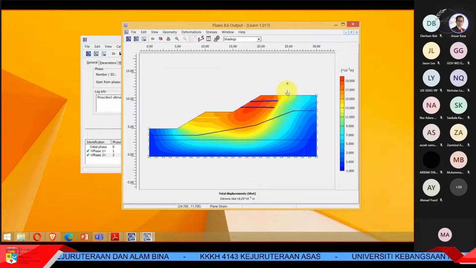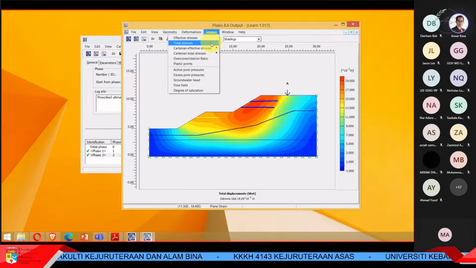We see with this loading of 5 kilonewton per meter, we have about 19 millimeter, about 2 centimeter, somewhere around here, because of the load, but it is protected by the reinforcement here and also the geogrid. Okay, so this is how we analyze our structure, or in this case, slope.